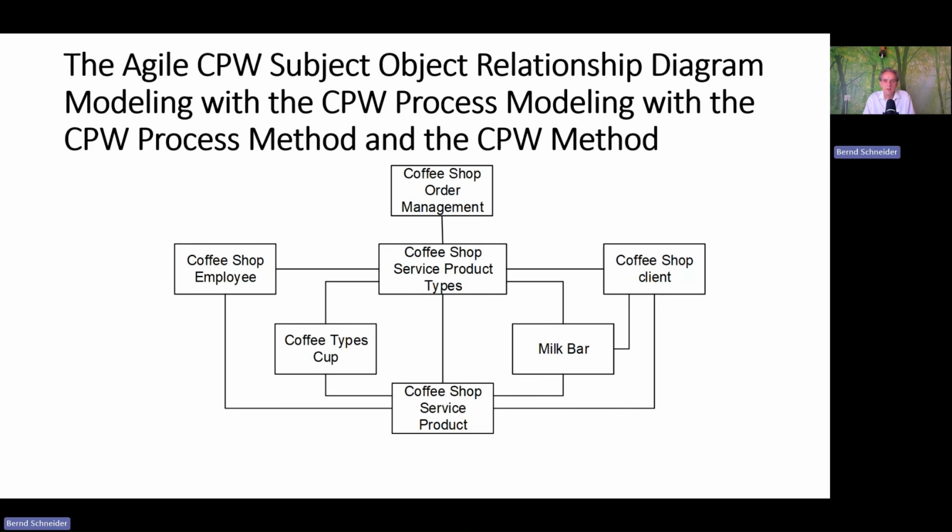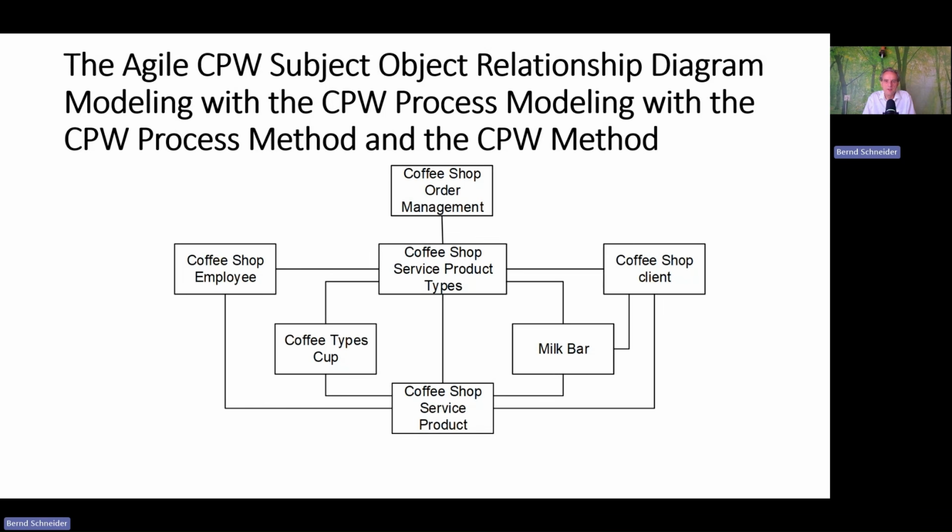So we have here the overall end-to-end process with coffee shop order management, and this now has a relationship to coffee shop service product and coffee shop service product types, which has a relationship to coffee shop employee, coffee shop sales assistant, and coffee shop client.